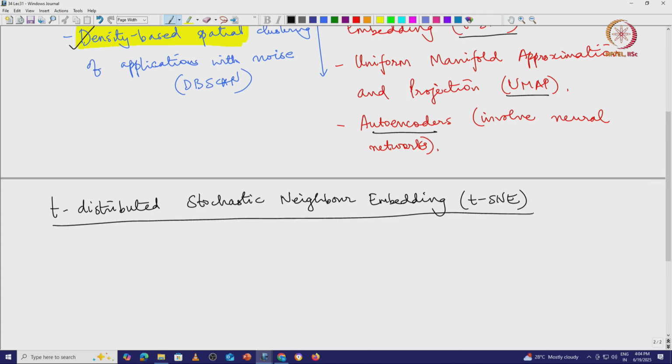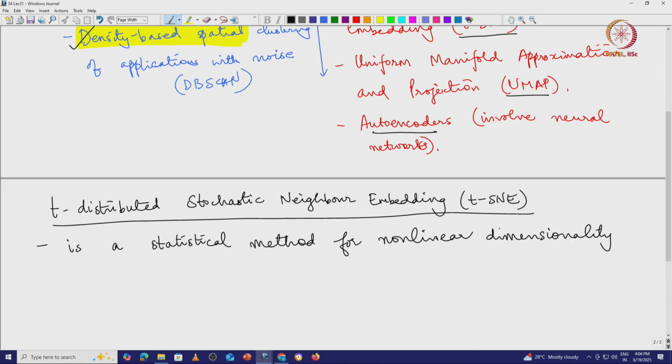And this is a statistical method for nonlinear dimensionality reduction. Okay.